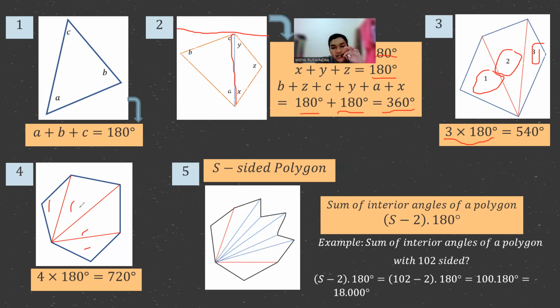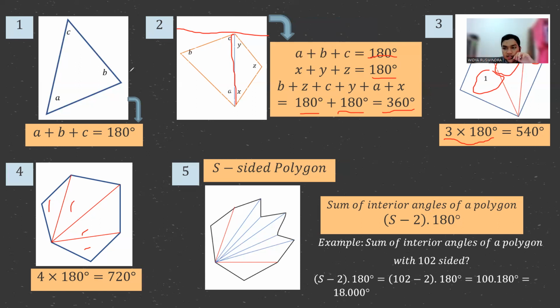So what happens with an S-sided polygon? From before we know that if we have 3 sides, we get 1 triangle.